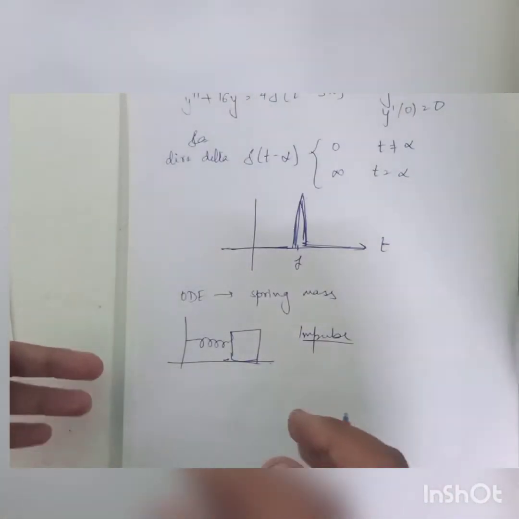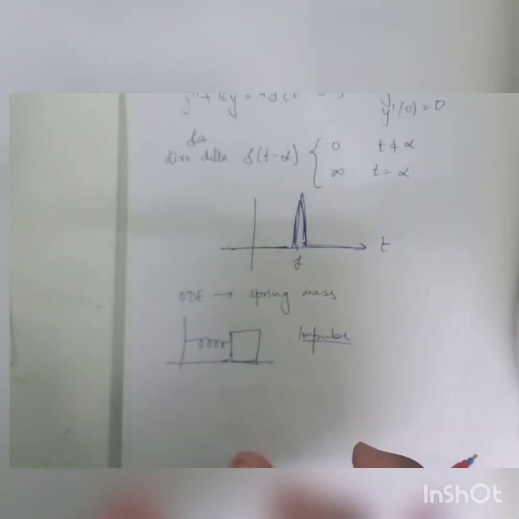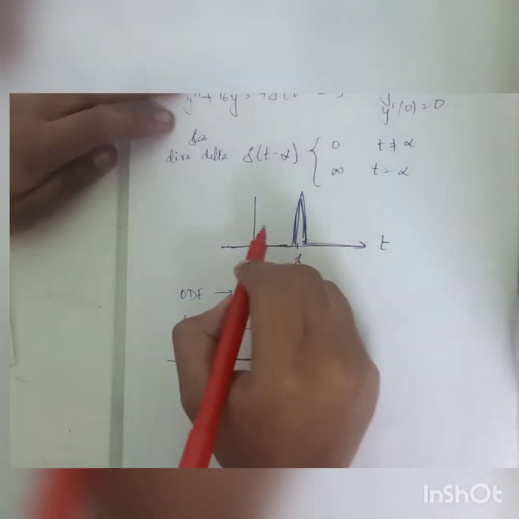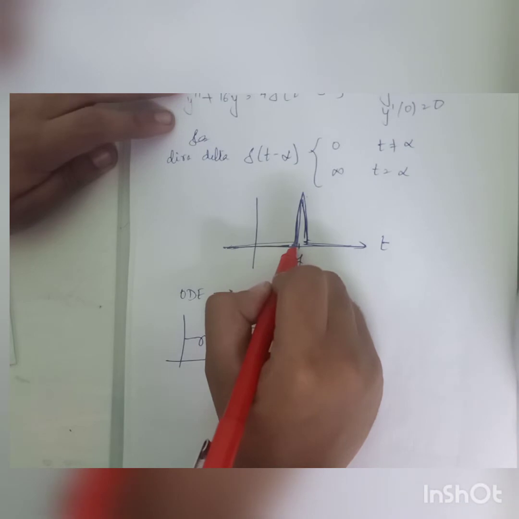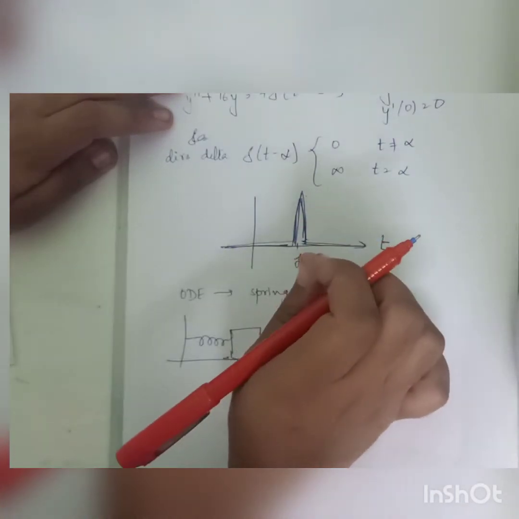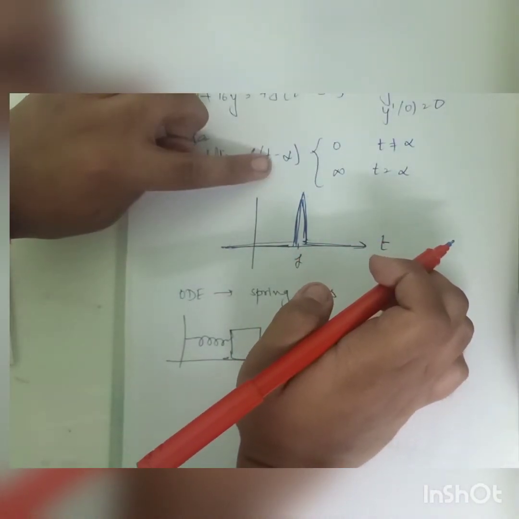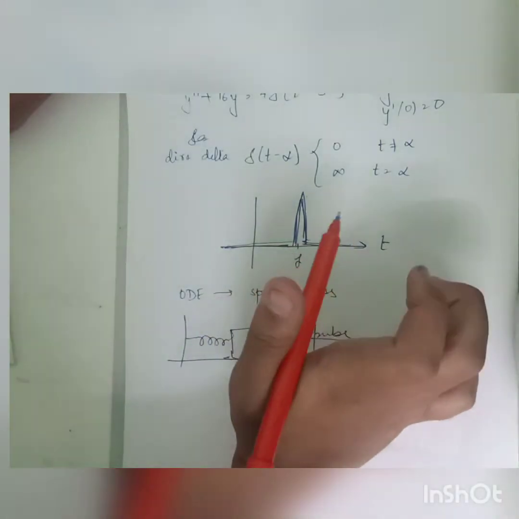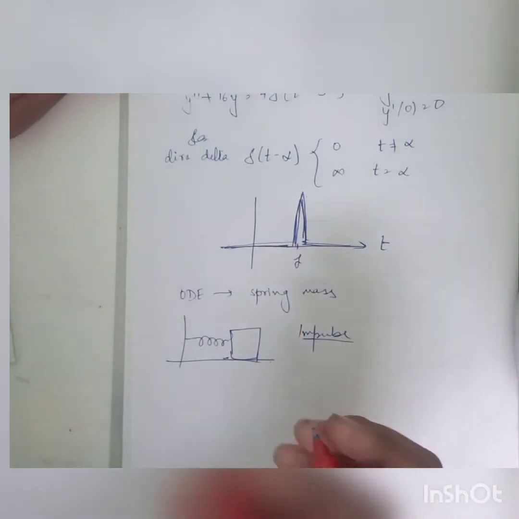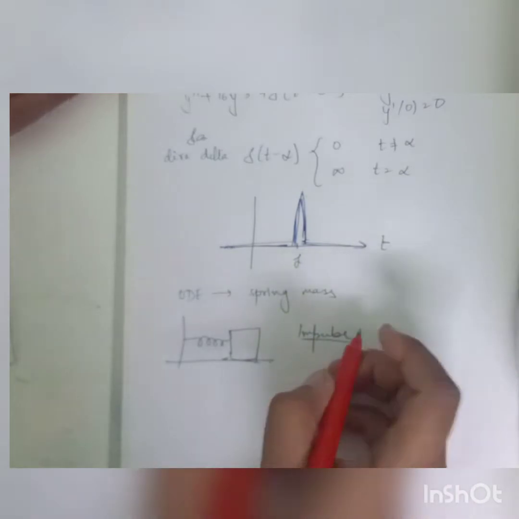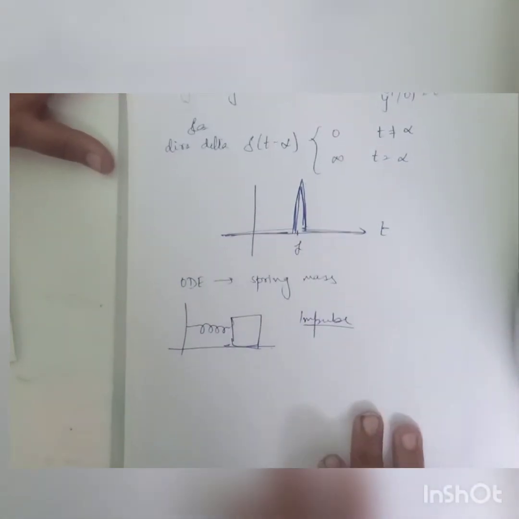Impulse is nothing but force for a really short time. Force is 0, but at a particular instant it is suddenly given a lot of force, and then it again becomes 0. So a practical example of the Dirac delta function for me can be impulse.